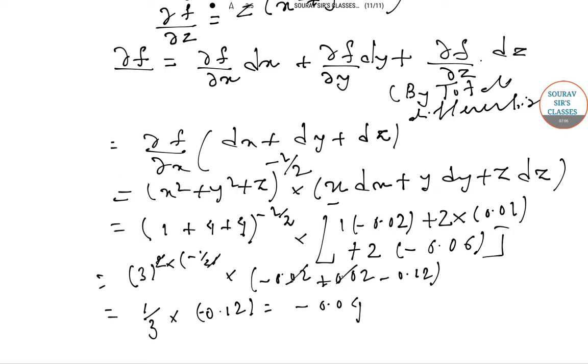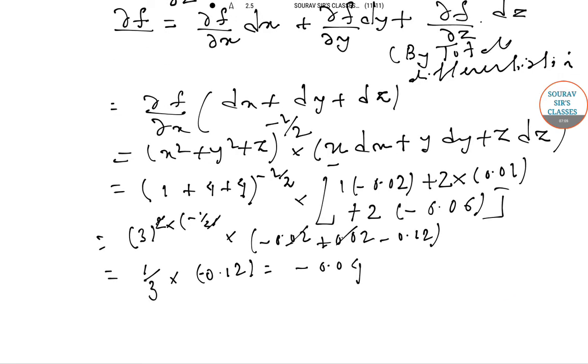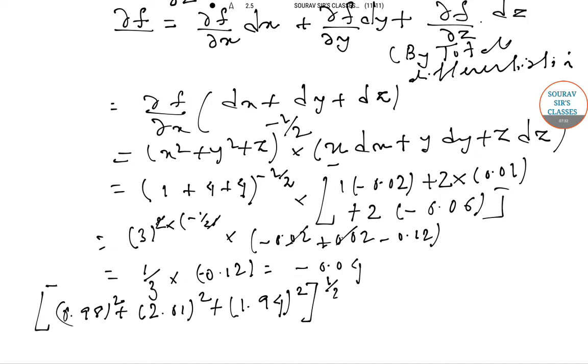Okay. Now what you have is (0.98 whole square plus 2.01 whole square plus 1.94 whole square) to the power half.